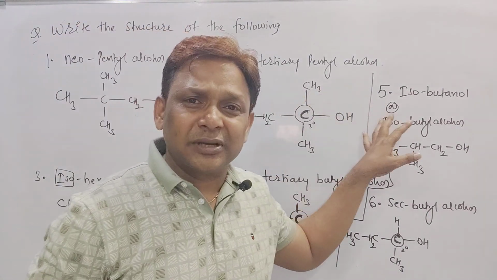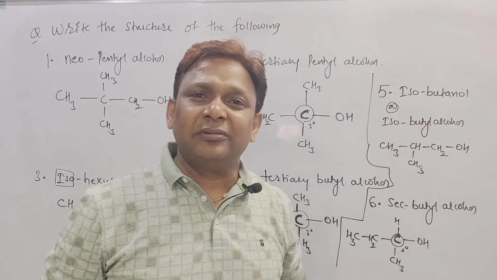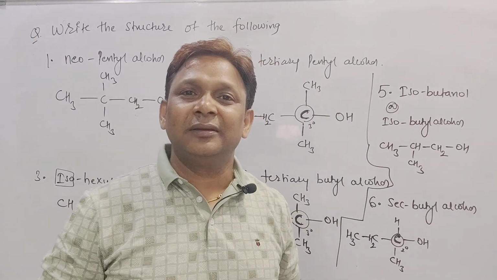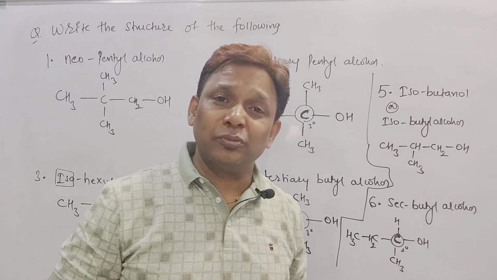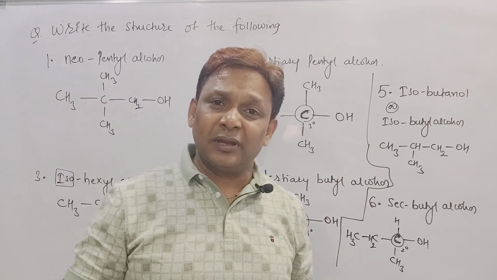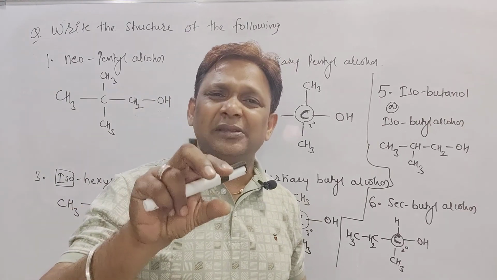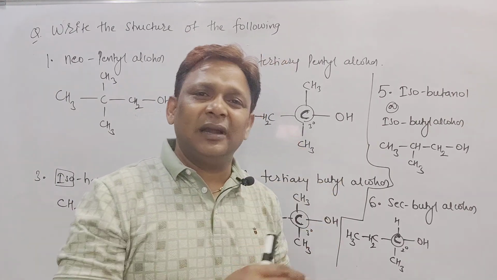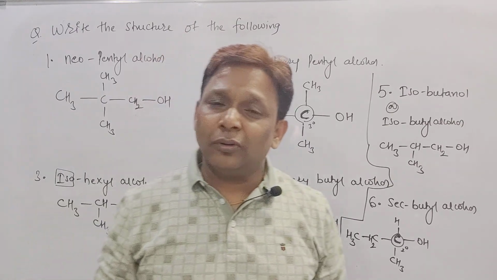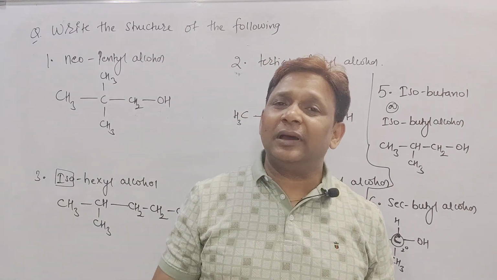And after drawing the structures, then according to the rules of the IUPAC, selection of the longest chain, right? Then the substituent should come under the lowest possible number of carbon atom. Then based on that, we have to write the root word, primary suffix, then secondary suffix, and the IUPAC name. So the most important thing is that we should know how to write the types of the alkyl group.